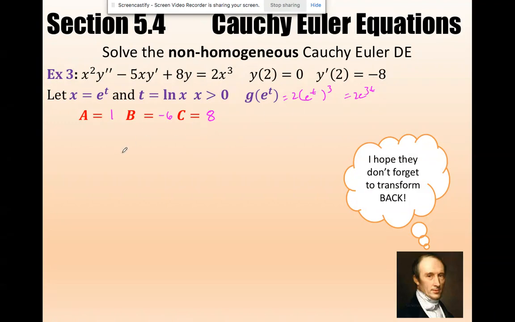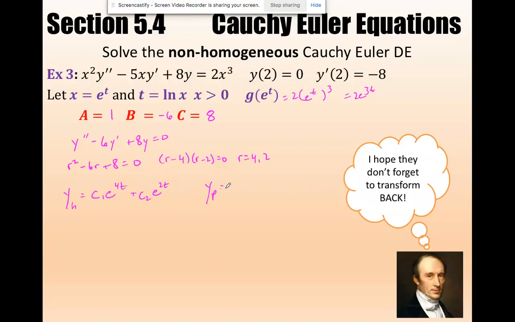So I've got y double prime with characteristic. Particular. Don't forget to check, make sure you don't have any overlaps. Whew.